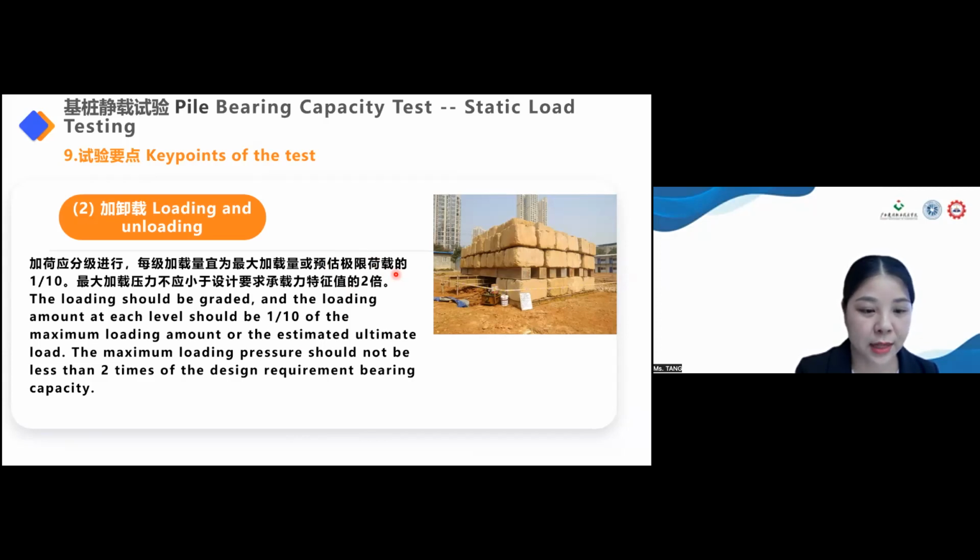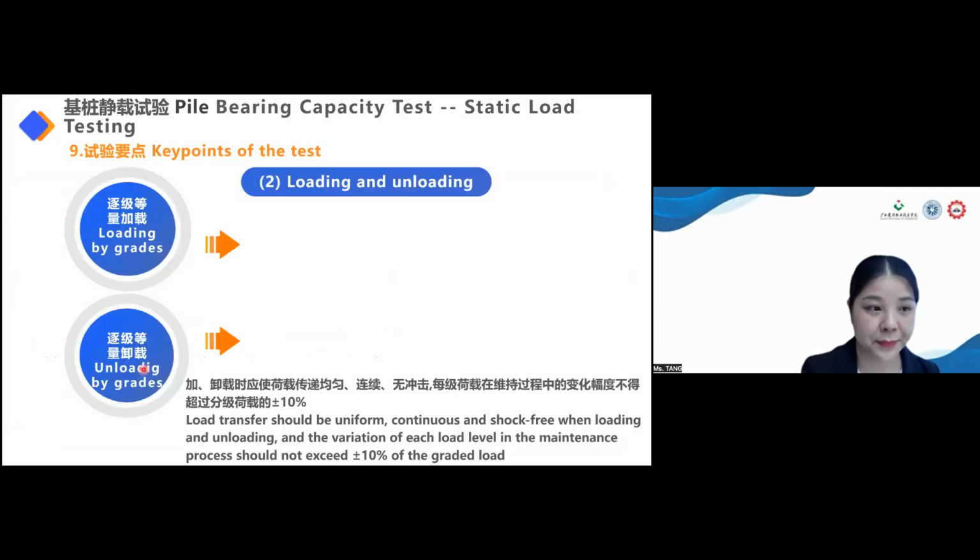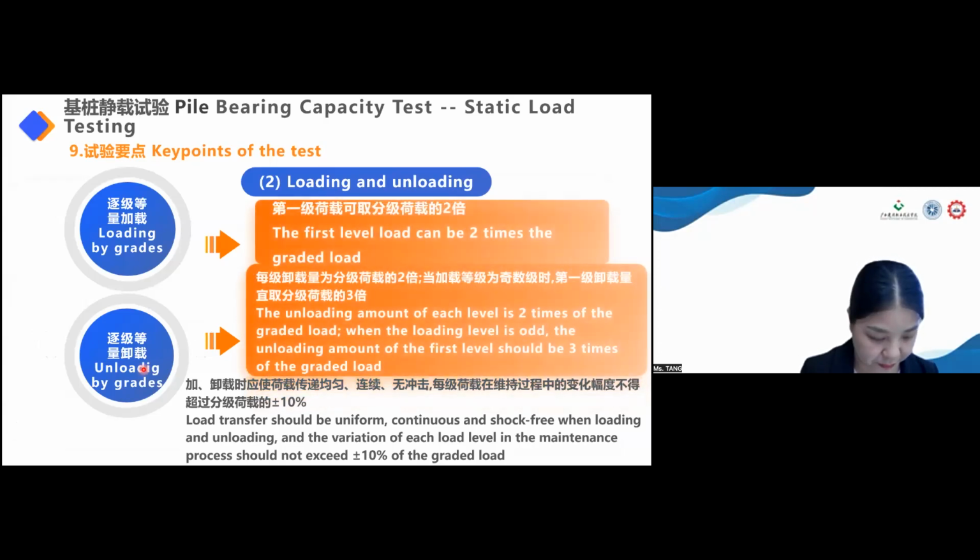The maximum loading pressure should not be less than 2 times the design required bearing capacity. When loading, it shall be loaded level by level, and the first level load shall be 2 times the graded load.